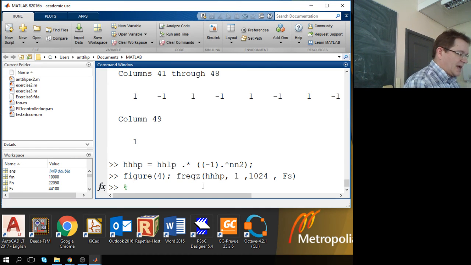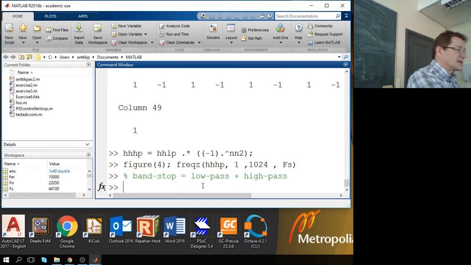So then the band pass. Band stop, sorry, band pass we actually had already. So band stop is same as low pass plus high pass. And I'm just cutting some corners here. So H band stop is low pass plus high pass.